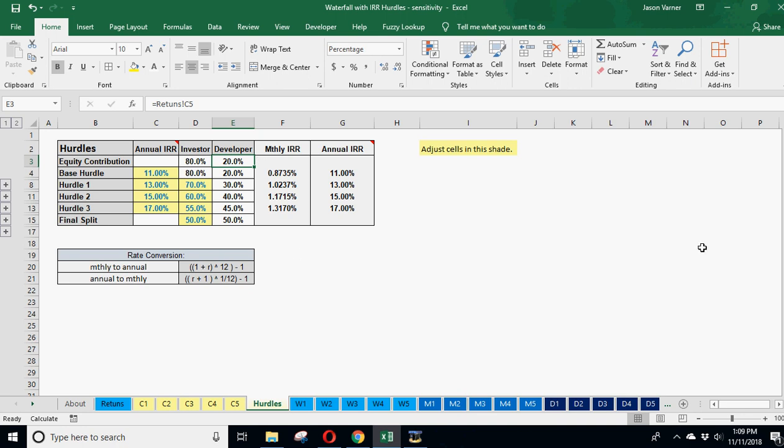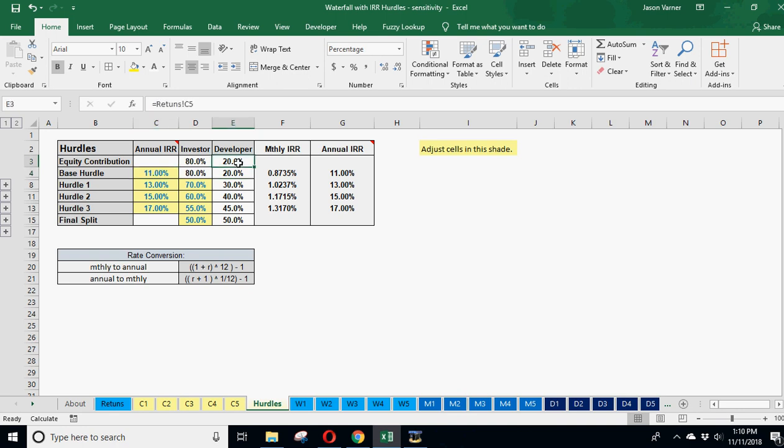The whole point is that you get investors to come in, the developer puts in little or no equity, and then the developer runs the whole project and tries to get the most value for the investors. The more value they get for the investors, the higher they're actually going to get a share of the profits. And if they don't get a certain hurdle for the investors, they might not get any of the profits.